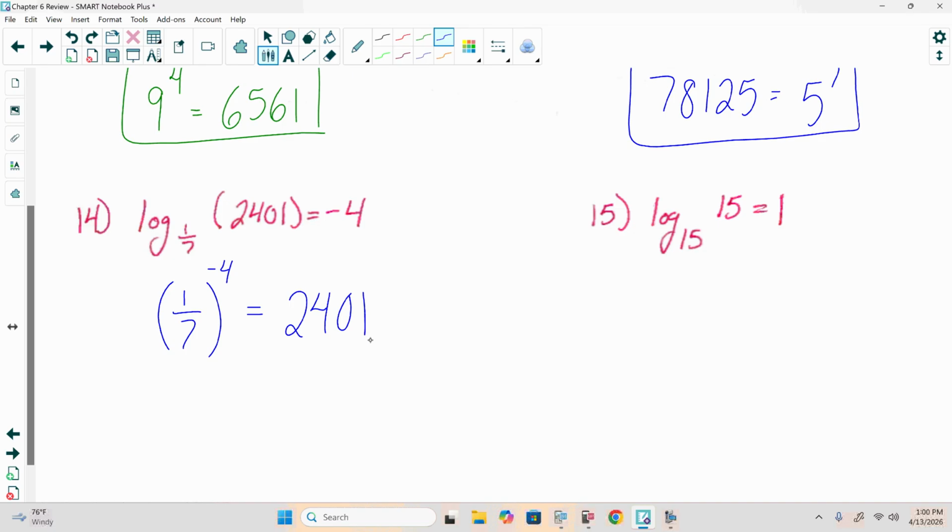Last one, log base 15 of 15 equals 1 would be 15 to the 1st is equal to 15. Questions on 12 through 15? We're ready for the next set of 4.